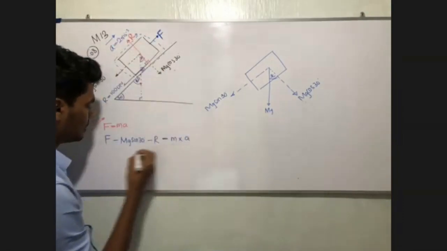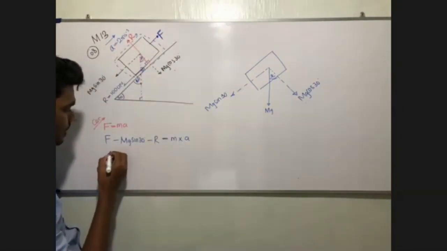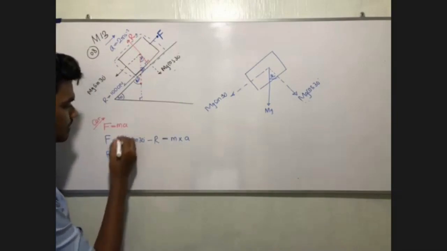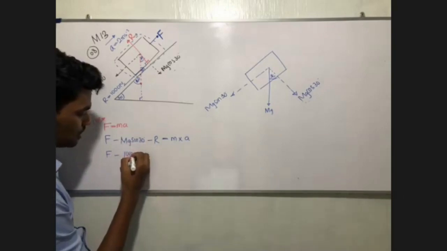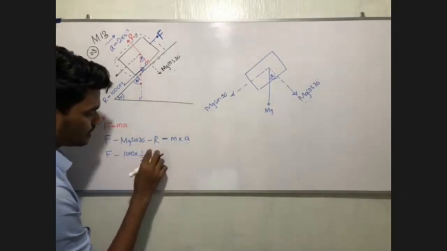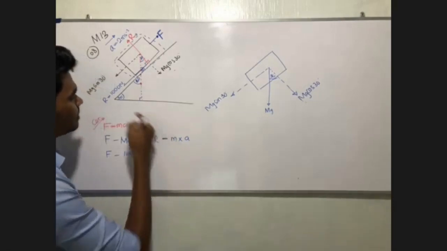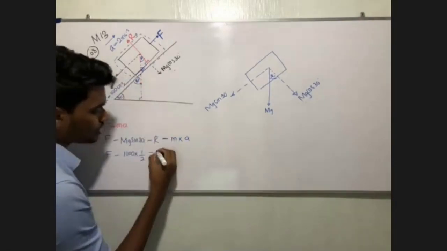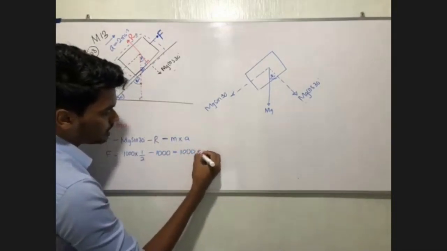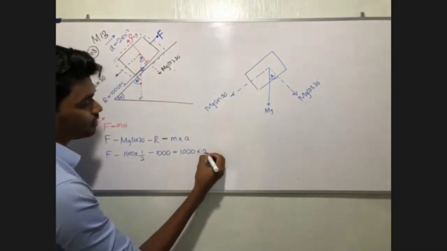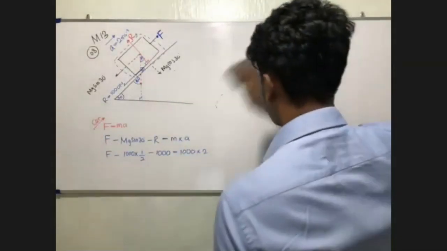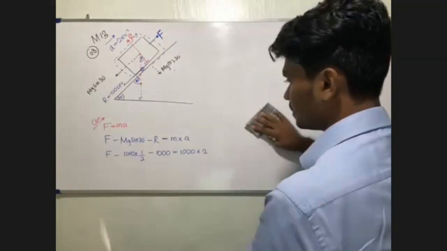A. If we simplify, F minus mg sin 30 is what? 1000. Sin 30 is half. What is the resistive force? 1000. What is the mass? 1000. What is the acceleration? 2. So you have to simplify this.